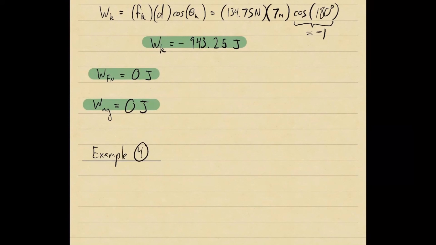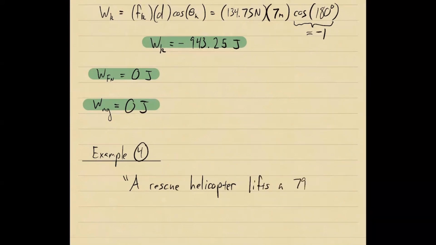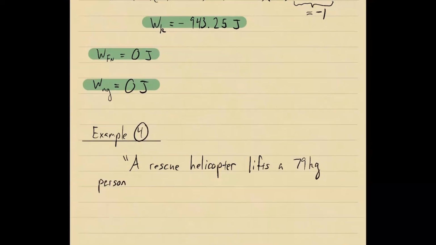Example 4 says that a rescue helicopter lifts a 79 kilogram person straight up by means of a cable. So if you predicted this is going to be a tension problem, you're correct.